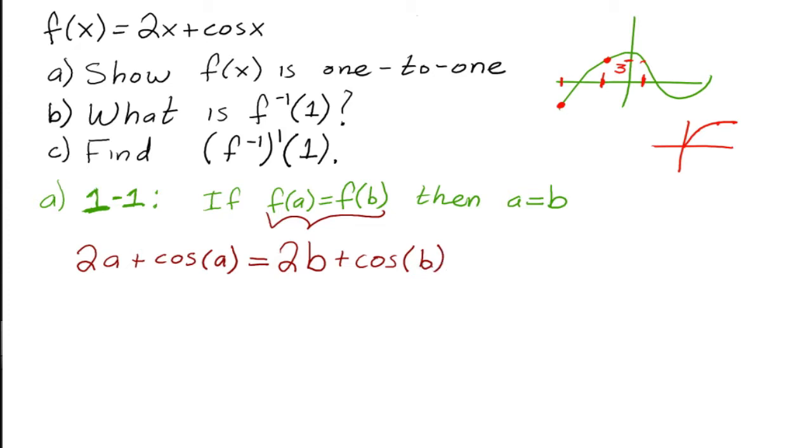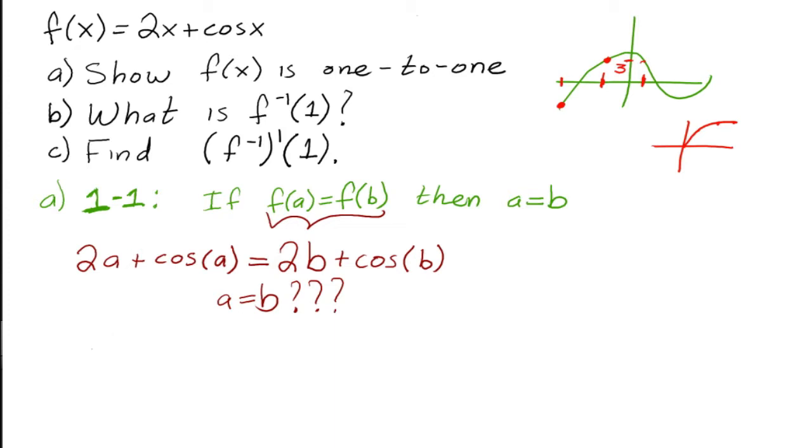So those are our assumptions. Now, the usual way to show that a function is 1-to-1 is to do some algebra and get that a is equal to b. But there's no obvious way to do that here. But let's try a different way.